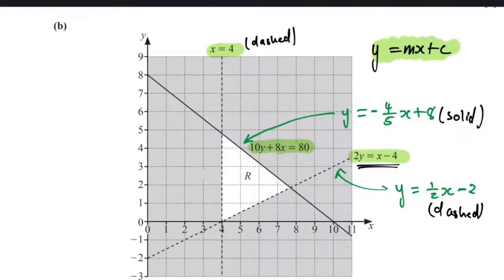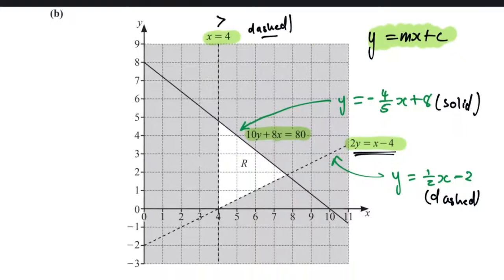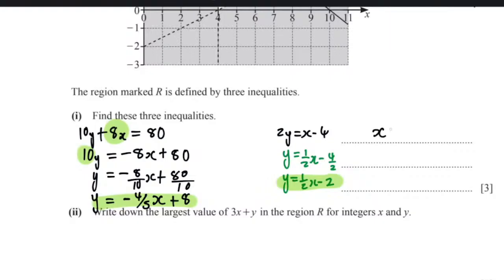Now, just start to choose the regions. This unshaded region, is it on the left of x? No. Where is it? On the right of x. So if it's on the right, it's a greater than. And because it's a dashed line, you don't put or equal to, you just put greater than. So our inequality is actually x is greater than 4.